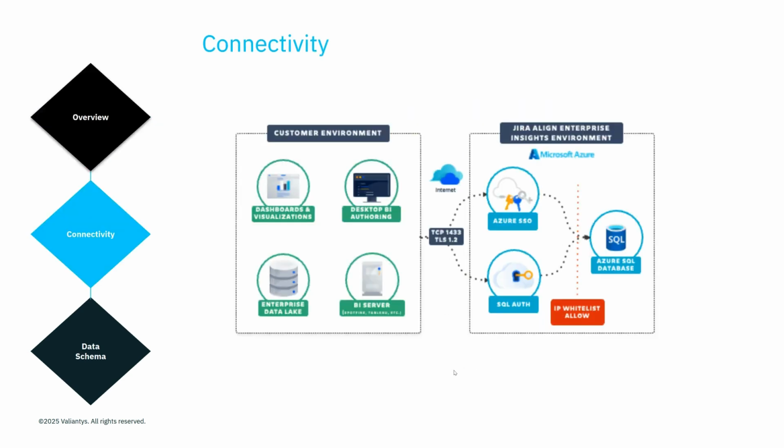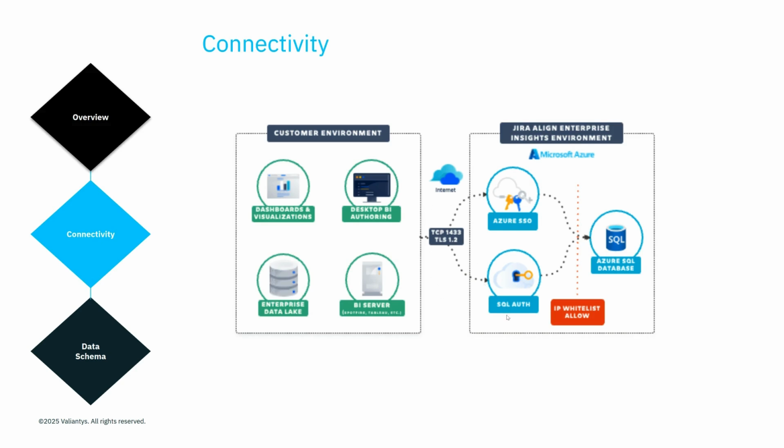So a few words about connectivity. As you can see in this diagram, the most common method to connect to Enterprise Insights is via a standard JDBC SQL client over the public internet using TCP 1433. All server firewalls are set to require TLS 1.2 encryption on any connection, as you can see here.